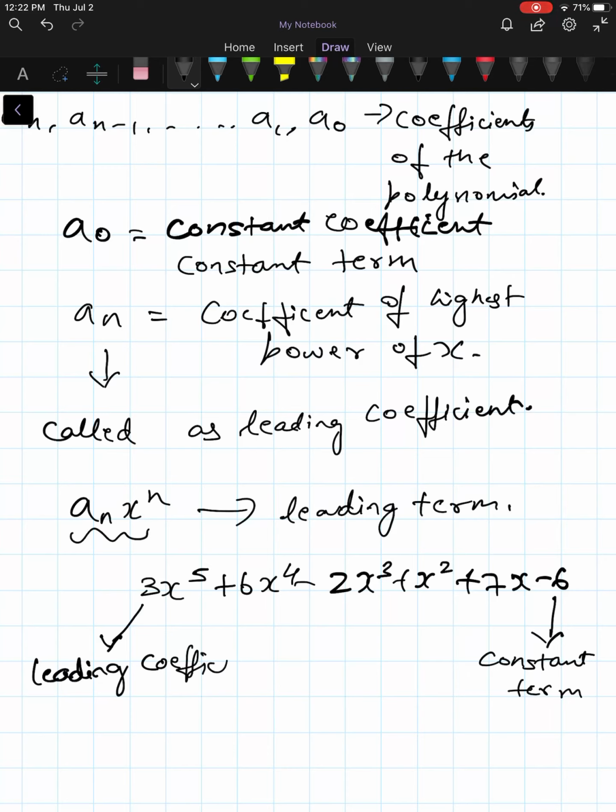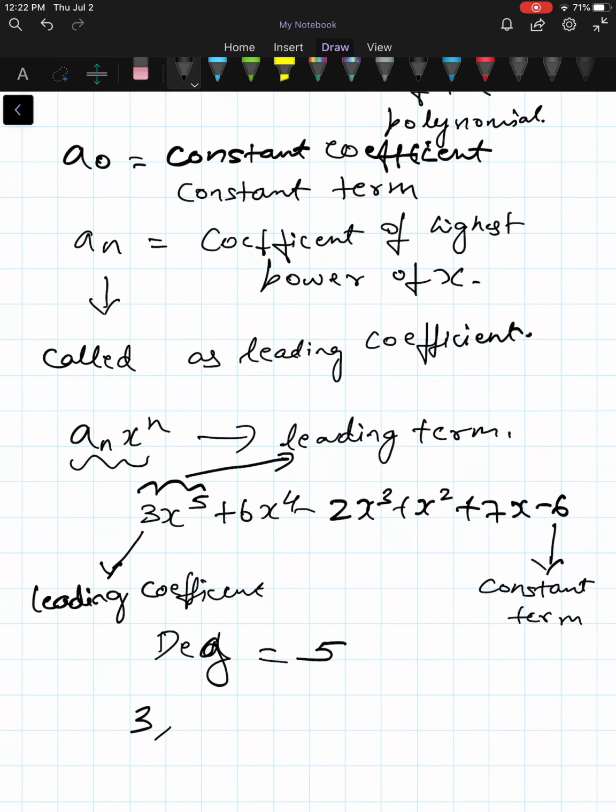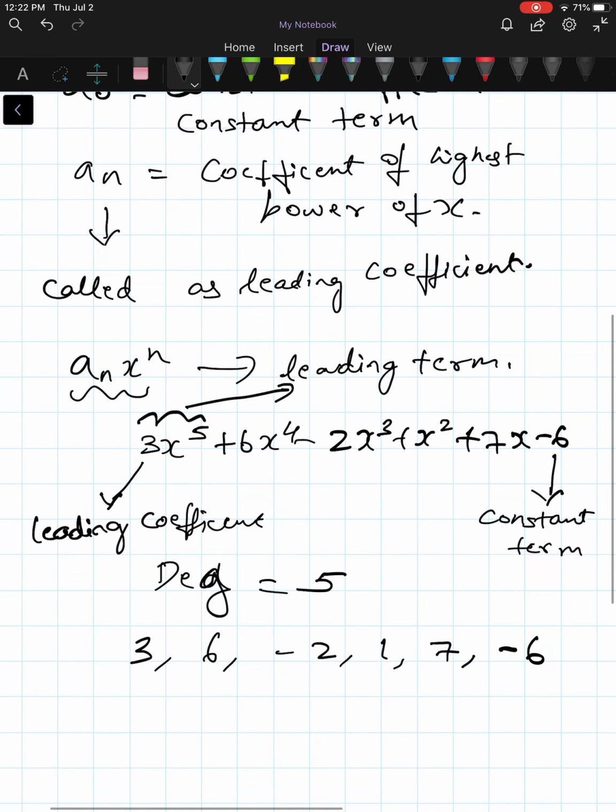The leading term is 3x to the power of 5. The degree of this polynomial is 5. So what are all the coefficients? The coefficients are 3, 6, negative 2, 1, 7 and negative 6. These are all the coefficients of the above polynomial.